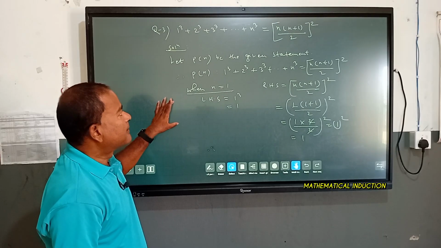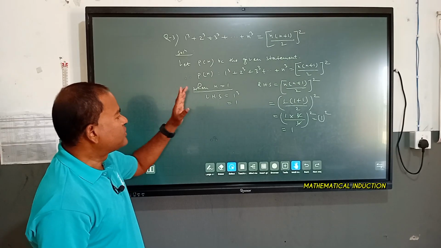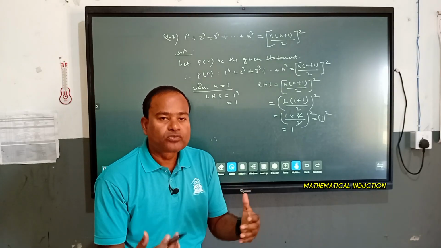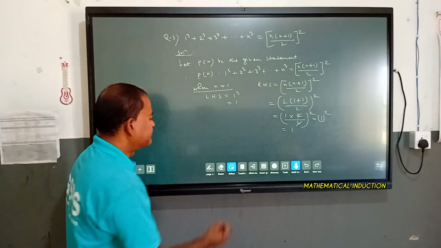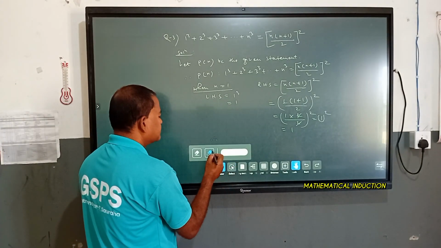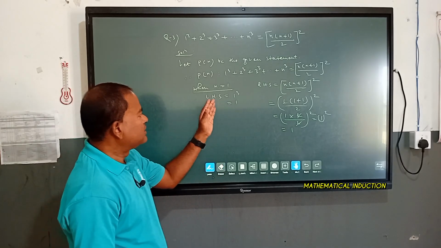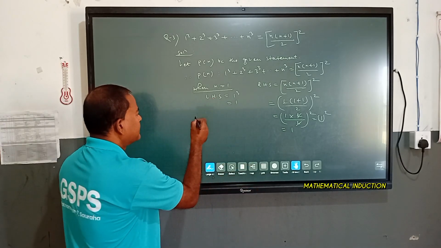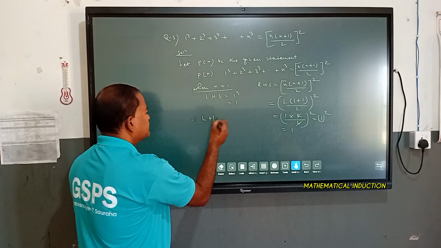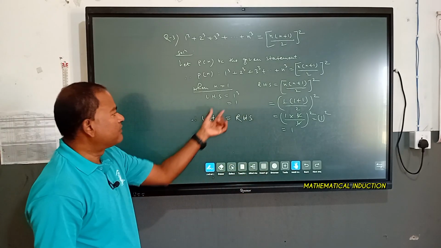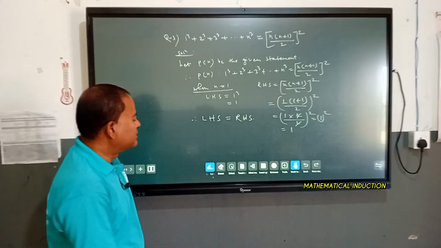Dear students, after showing LHS equal to RHS, now we have to write down the conclusion of the first step. We have got the values of LHS and RHS equal.